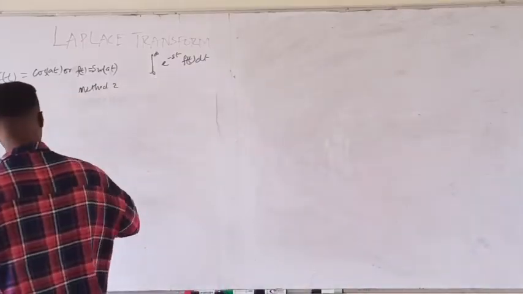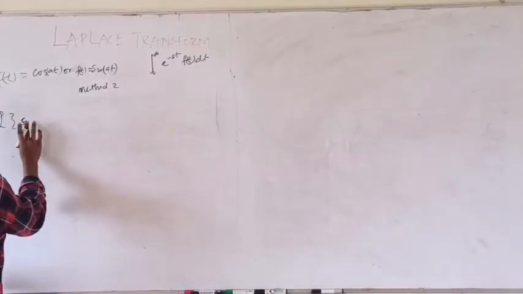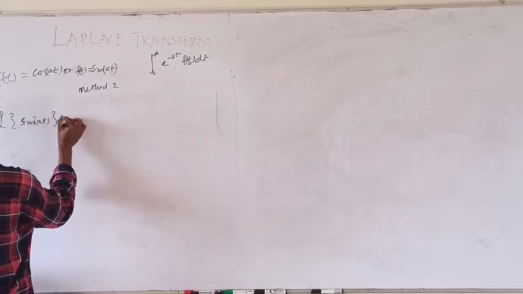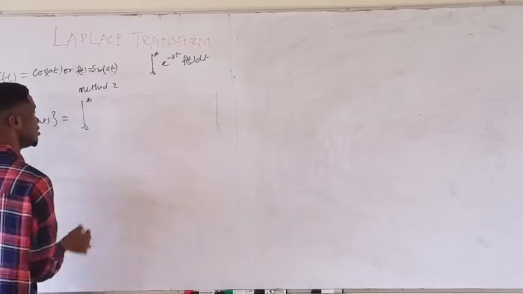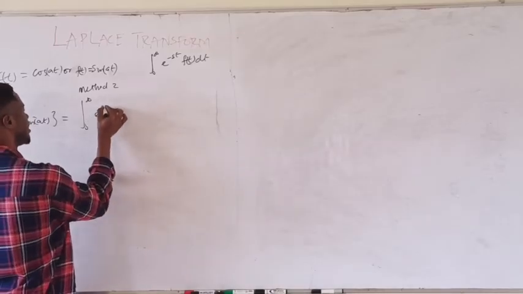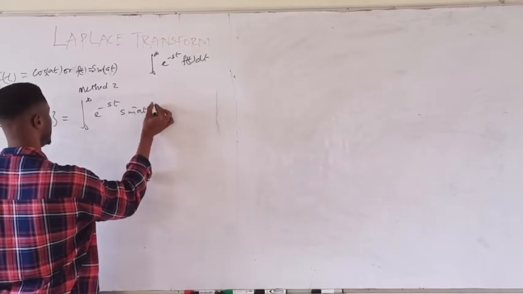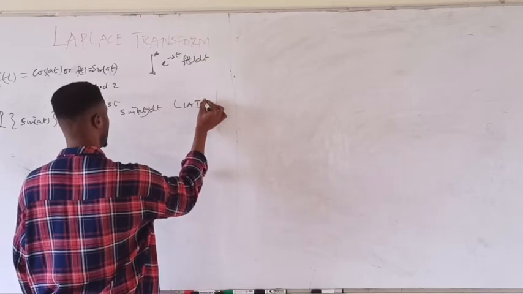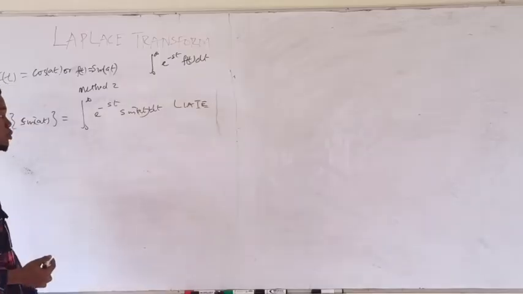Alright, so I'm going to solve for the Laplace of sin AT. We know that the Laplace of sin AT is equal to the integral from 0 to infinity of exponential of minus st sin AT dt. Now, using the rule I've said earlier, a trig function comes before an exponent.